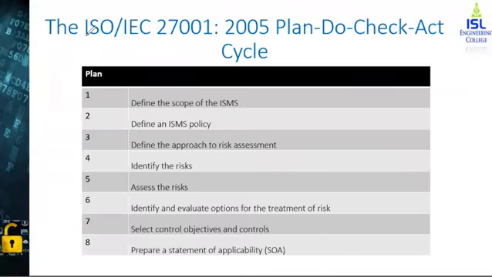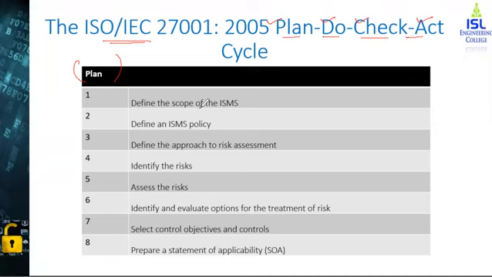The next standard is the ISO IEC 27001:2005 Plan, Do, Check, Act cycle. Within this cycle, you're going to have plan, do, check, and act. These are the four different tasks that you're going to follow. Within the plan, you've got different activities.